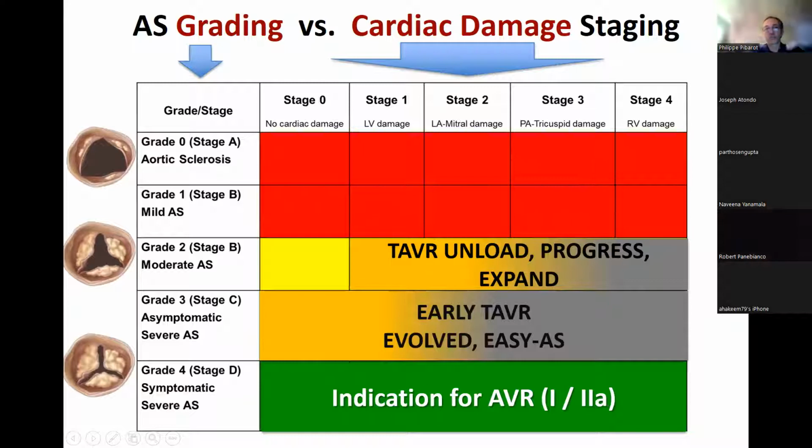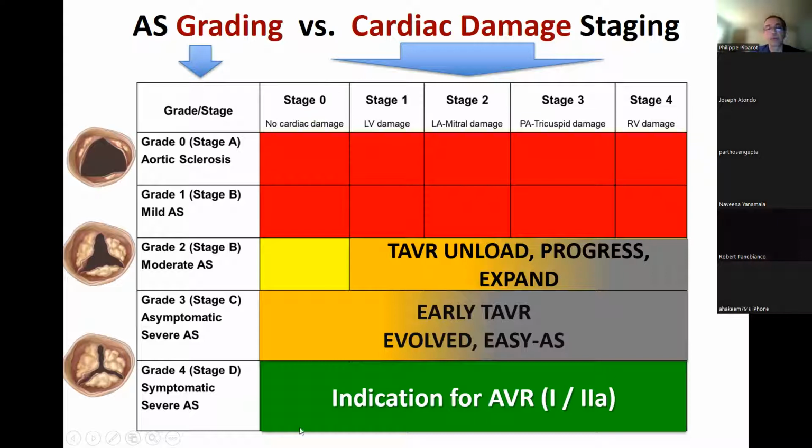So this is just to summarize, this concept of grading the severity of AS. Again, we have the stage A, that is aortic sclerosis, BAV. Stage B, or grade 1 would be mild AS, grade 2, moderate AS, grade 3, asymptomatic severe AS, and grade 4, symptomatic severe AS. And then you have in the columns the staging of the cardiac damage, stage 1, 2, 3, 4.